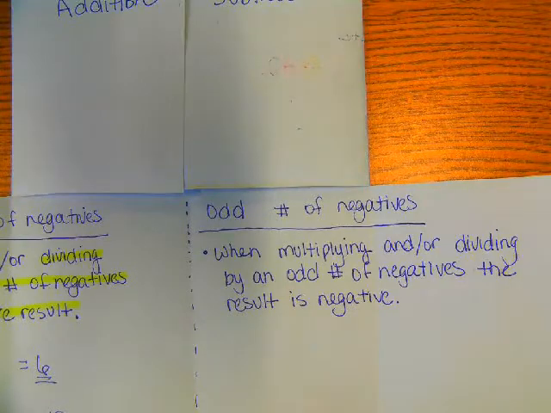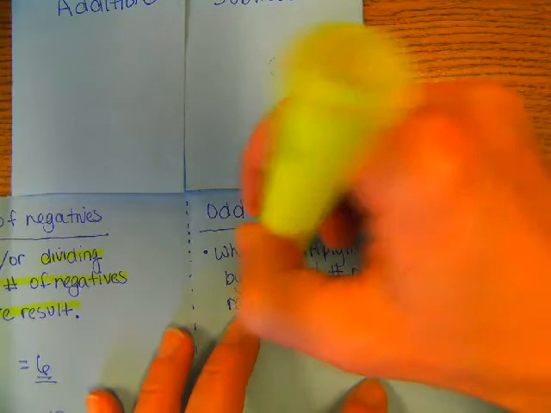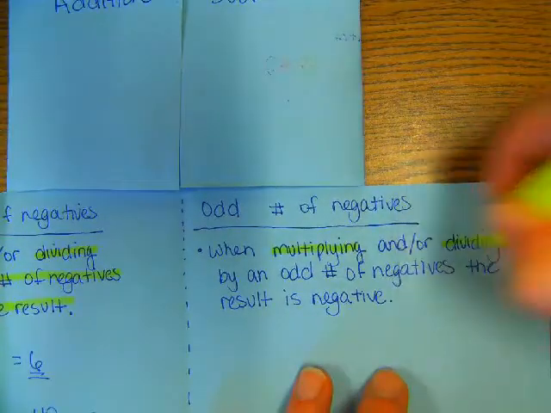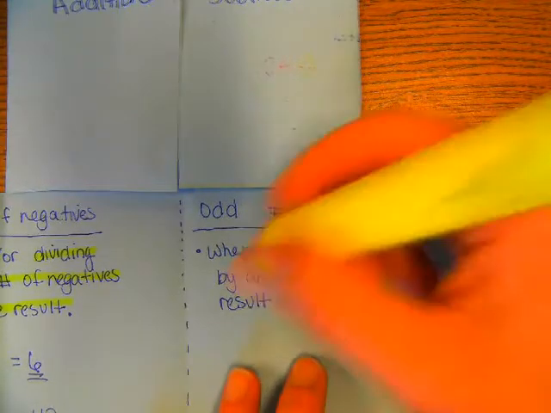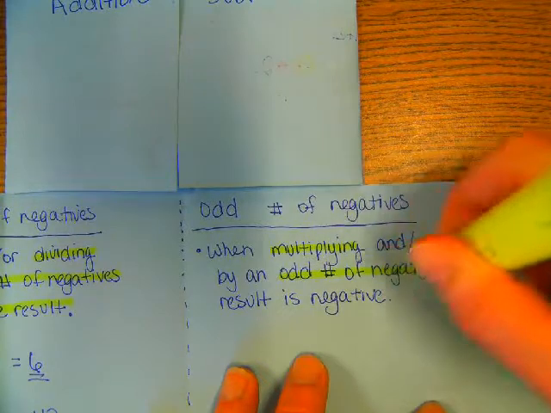Okay, I'm going to highlight some key things here. First of all, this is for both multiplication and division. We're talking about an odd number of negatives.